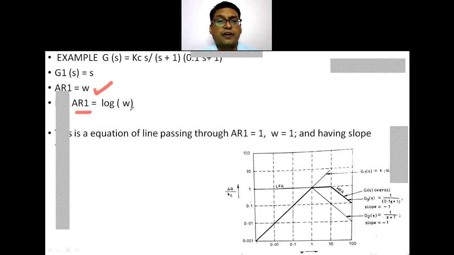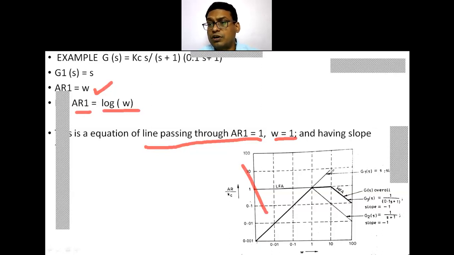So log of AR1 is equal to log of omega. This is the equation of a line passing through amplitude ratio equal to 1 and omega equal to 1.